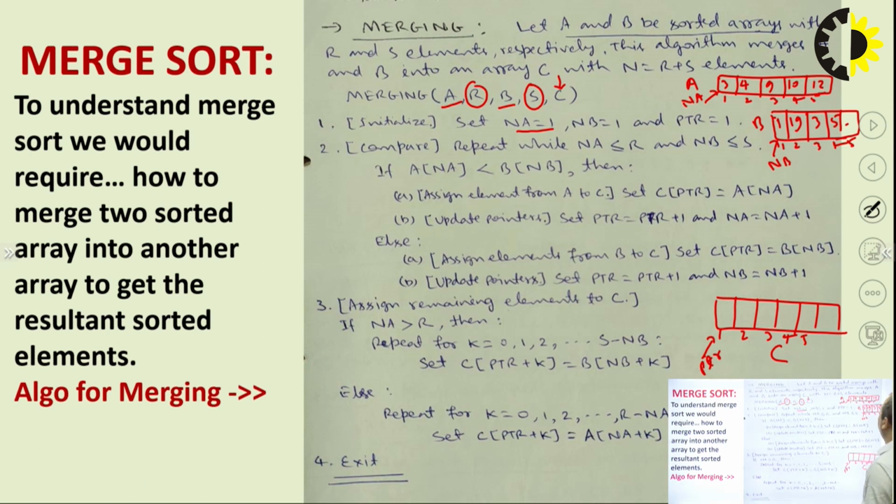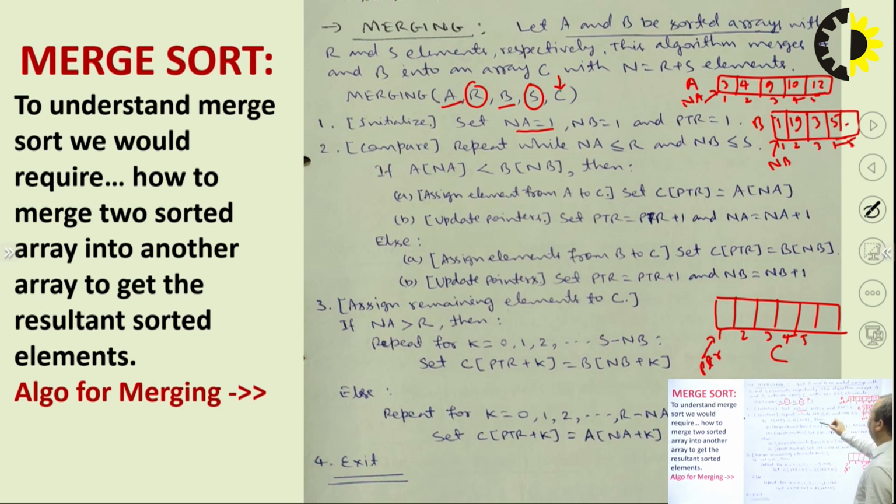Now what will we compare? We will compare the first element of A with the first element of B, and the value which is less will be put into the C array. In this example, I just compare with the algorithm. If A[NA] is less than B[NB], what will be A[NA]?